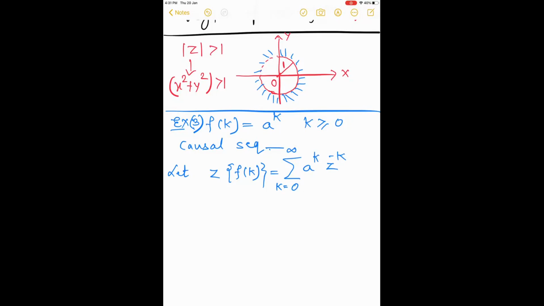If you want to write some values in series form, put the values for k starting from 0, 1, 2, 3, etc. If I put k equal to 0, I get the first term as 1. Am I right? If I put k equal to 1, the second term will be a z raised to minus 1.